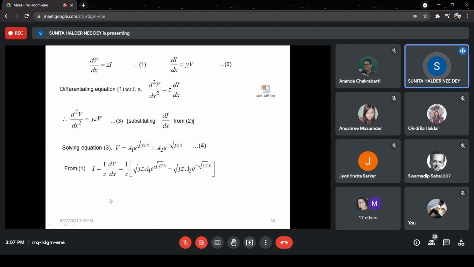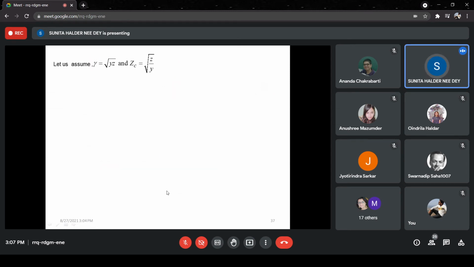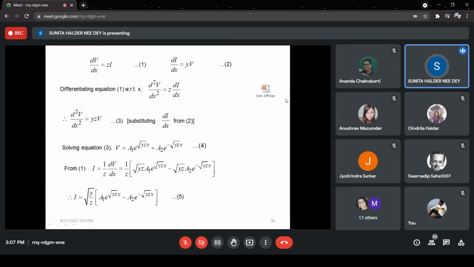Similarly, if we write it for current, I equal to 1 by Z dV/dx, so this will be the expression. We can write it as 1 by Z root over YZ, so it will be root over Y by Z outside. So you have got two equations, equation 4 and 5.